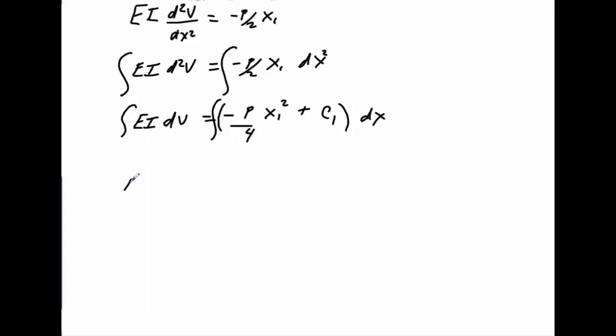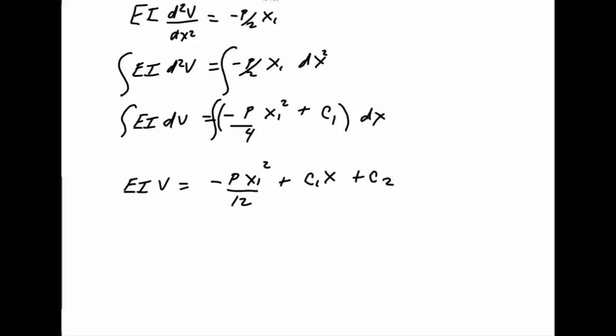And when we do this side, we get EI v. Now this goes to the third power and then divide by 3. That gives us minus P x1 to the third over 12. That gives us plus C1x plus C2.